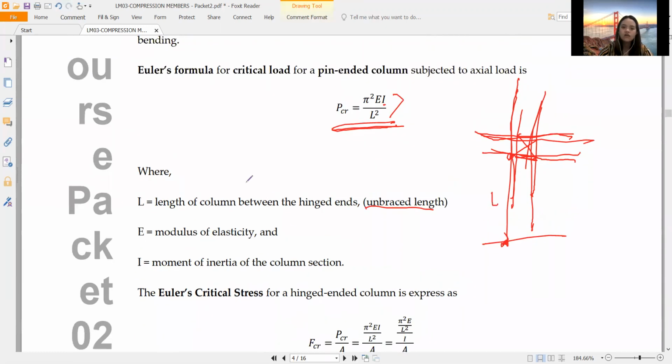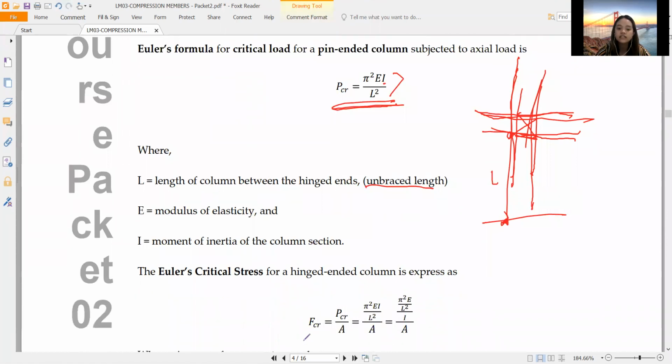Okay, so if we have a critical load, we also have a critical stress. And stress, as we all know, is the force over the area. If your force is expressed as pi squared E I over L squared, divided by A, we can actually manipulate the equation.